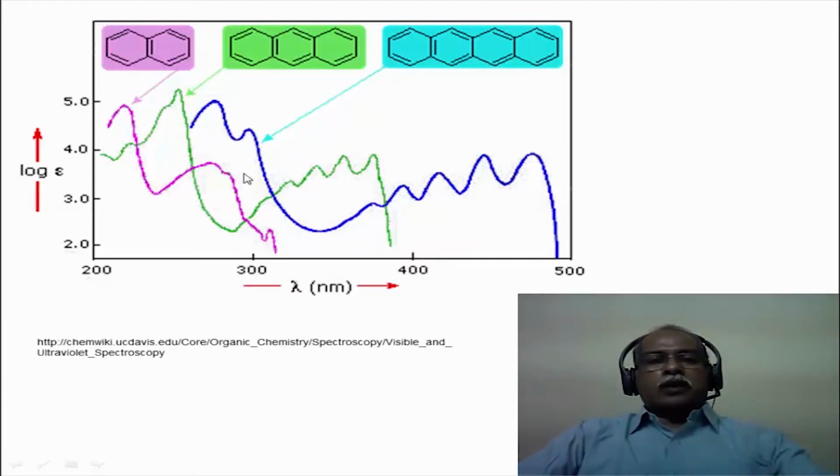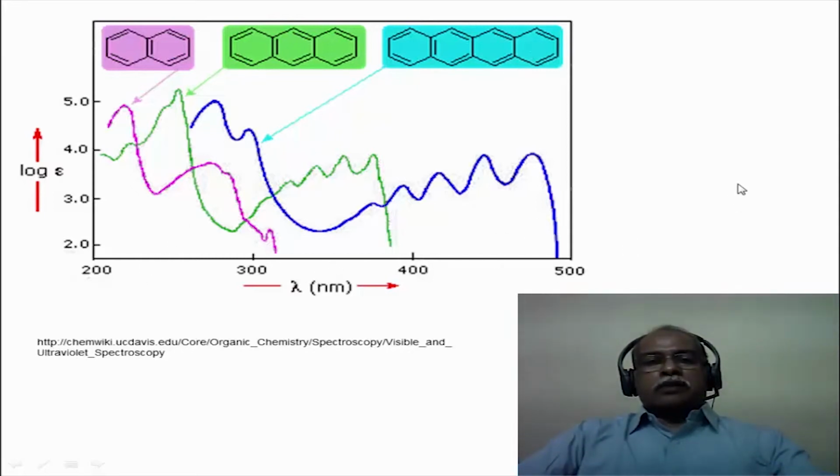In addition to that, you also have the higher energy bands, which are the allowed pi to pi star transitions of this aromatic system. So the message here is that as you increase the conjugation and go to linearly fused longer acene systems, the wavelength gets shifted from the ultraviolet to near the visible region.